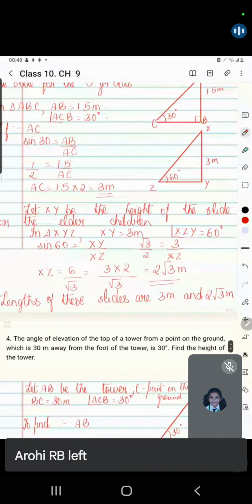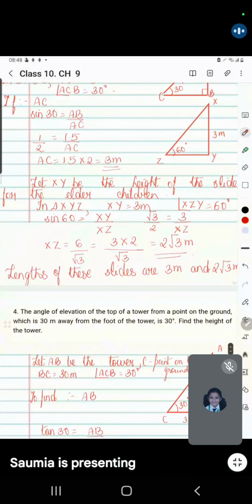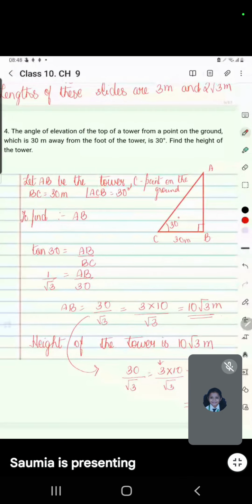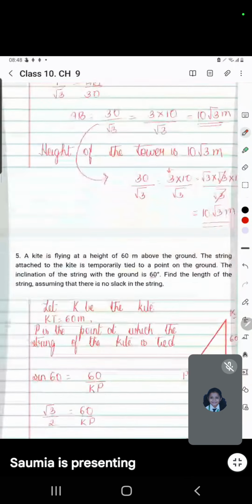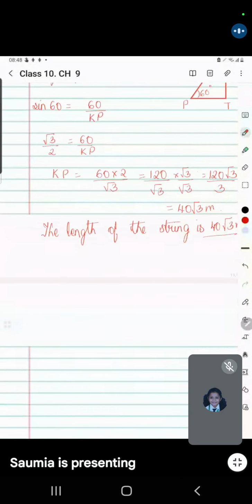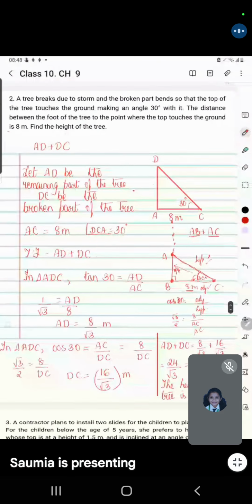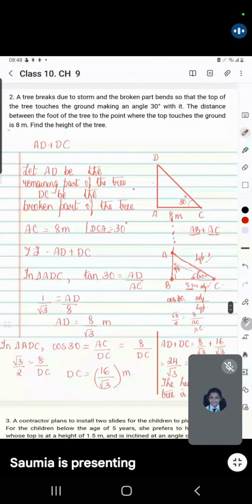Those who have finished, I'll scroll up a little for them. Done? Okay. Which one is the tree question? Second one. Second question.